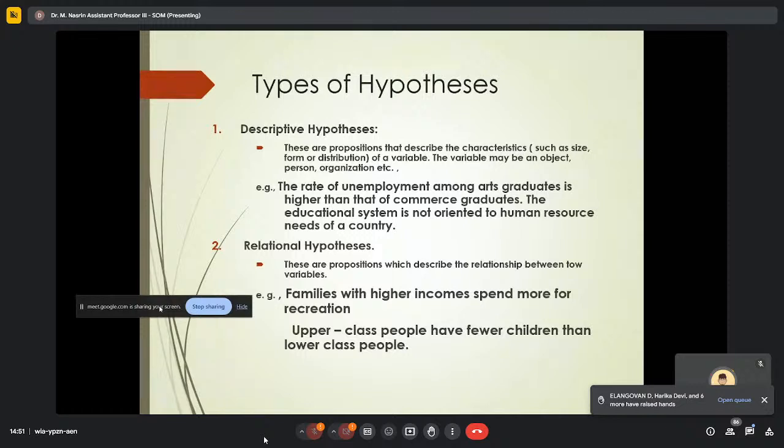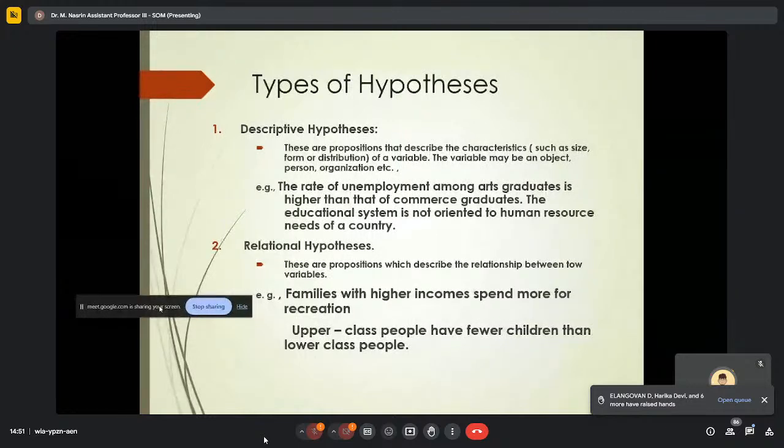Just for an example, the rate of unemployment among arts graduates is higher than that of commerce graduates. This is an assumption. So for this, I need to make a study.